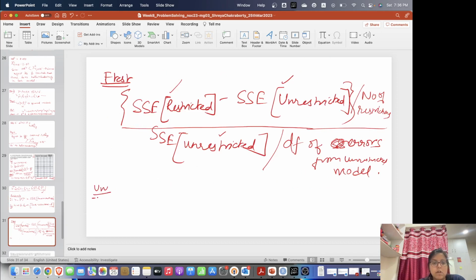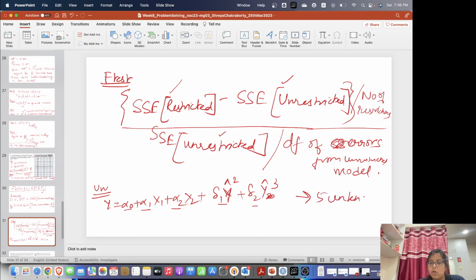So the unrestricted model was y equal to alpha naught plus alpha 1 x1 plus alpha 2 x2 plus delta 1 y hat square plus delta 2 y hat cube. So how many unknown parameters did we have to estimate from here? We had to estimate 5 unknown parameters.